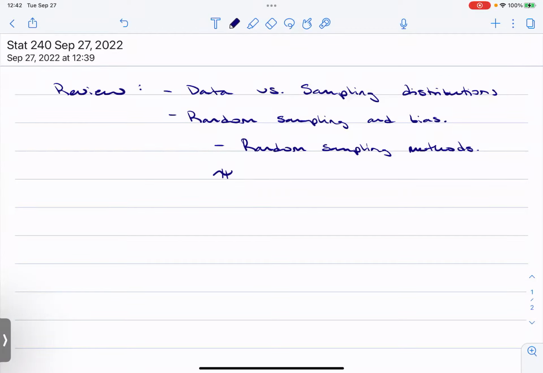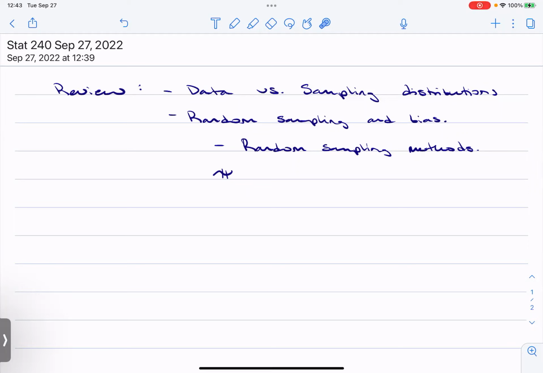So what we didn't get to quite was the data distribution versus the sampling distributions. Well, with the data, we're referring to the raw data, right? But in most of the statistics that we've seen already, so hypothesis testing, confidence intervals, those are about statistics, sample statistics, so X bar or the sample proportion.